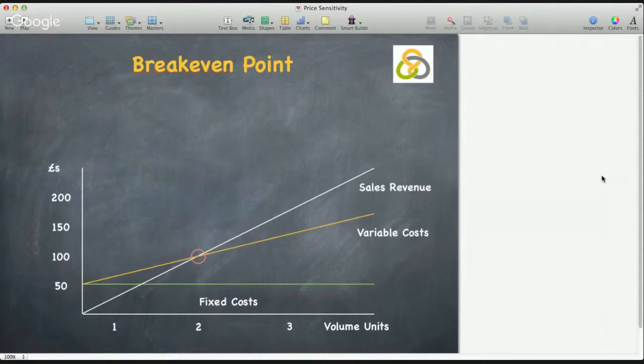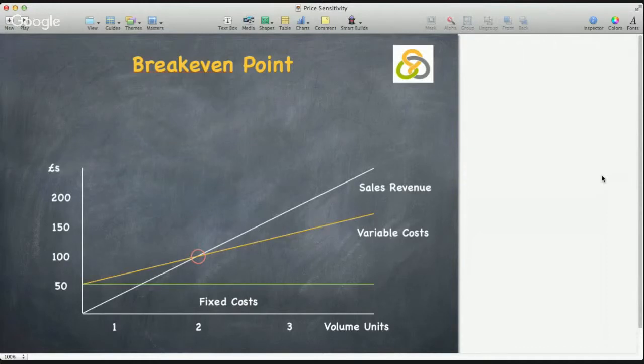Then we need to add in the variable costs of production and or delivery, depending on whether you're a service or a manufacturing business. The variable costs are those that increase in proportion to the number of sales that you make. The variable costs will differ depending on the type of business you are running.